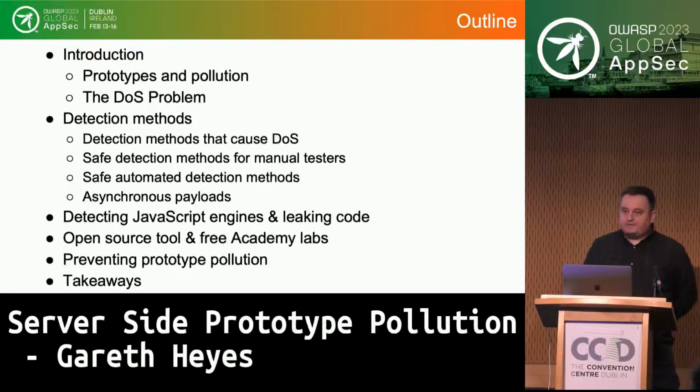After that, I'm going to introduce an open source app that you can use in your own apps to detect prototype pollution. And we're also going to do some free Academy labs within the next few days where you can test this out. Then I'll show you what you can do to prevent prototype pollution, and then finish up with key takeaways and leave 5 minutes for questions.